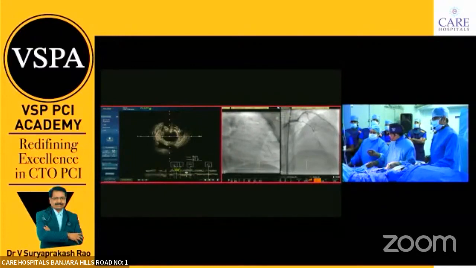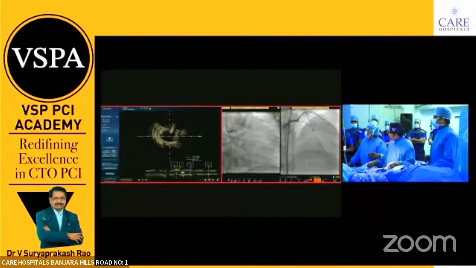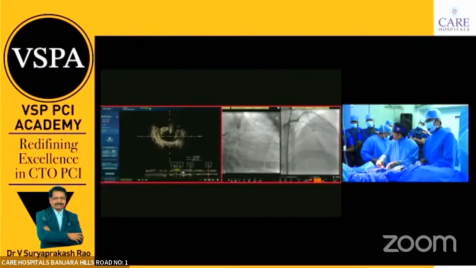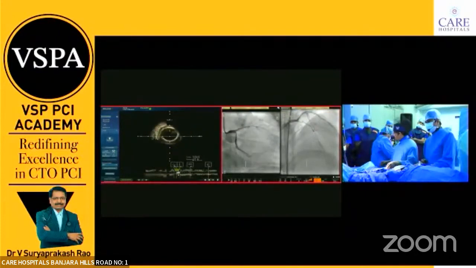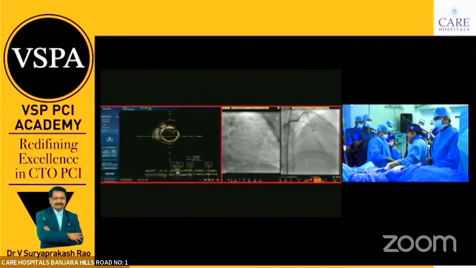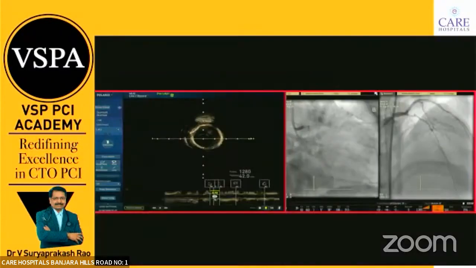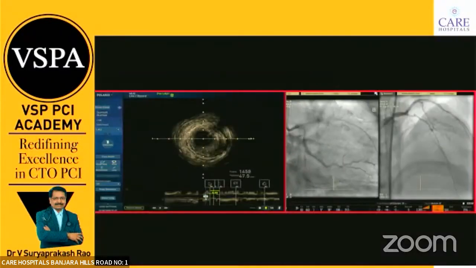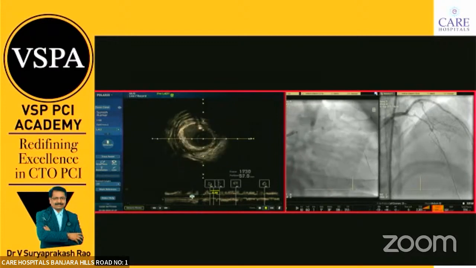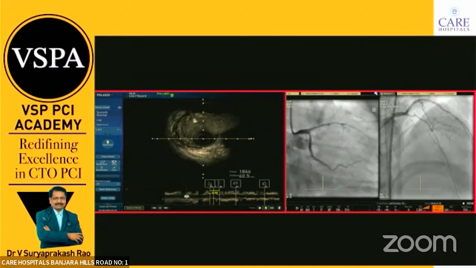Let's give a 2 millimeter dilatation with a 2 millimeter balloon. Just a tack-up dilatation, otherwise we cannot stent that. Otherwise, we have to end up with some drug-coated balloon.